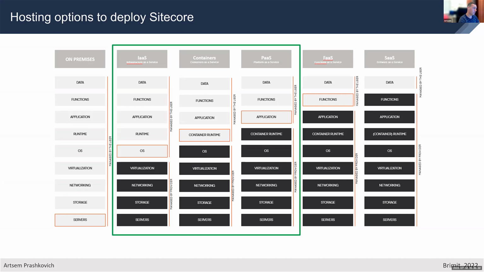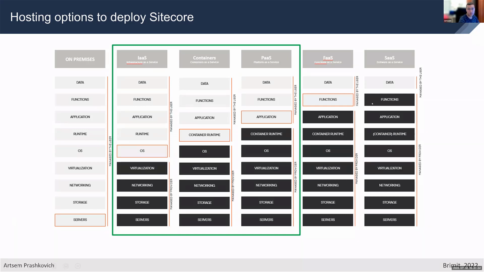Looking at the on-premise option, we can see that as a user and as a developer, we are responsible for all parts of the solution and infrastructure, beginning from the hardware, network, and security, everything.